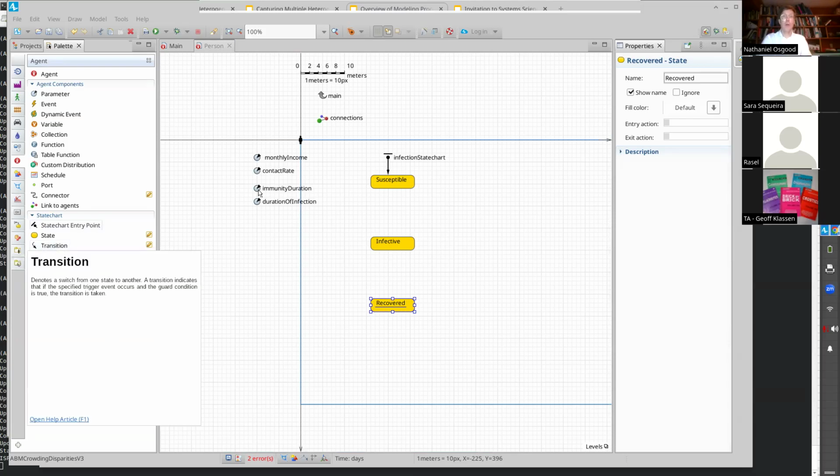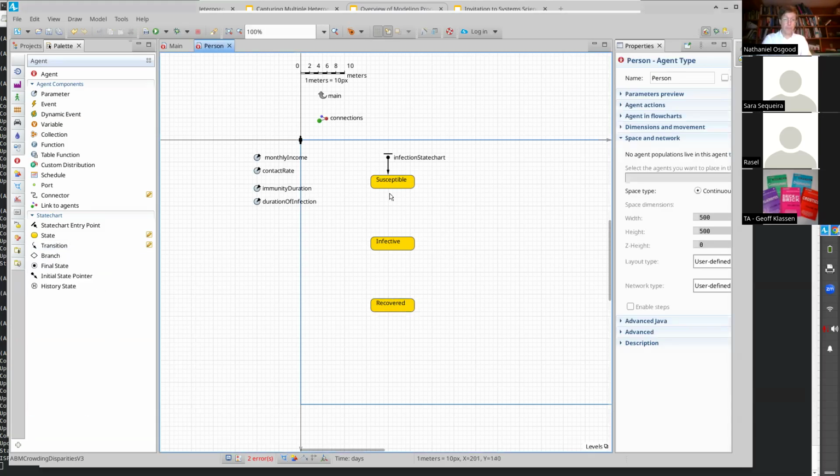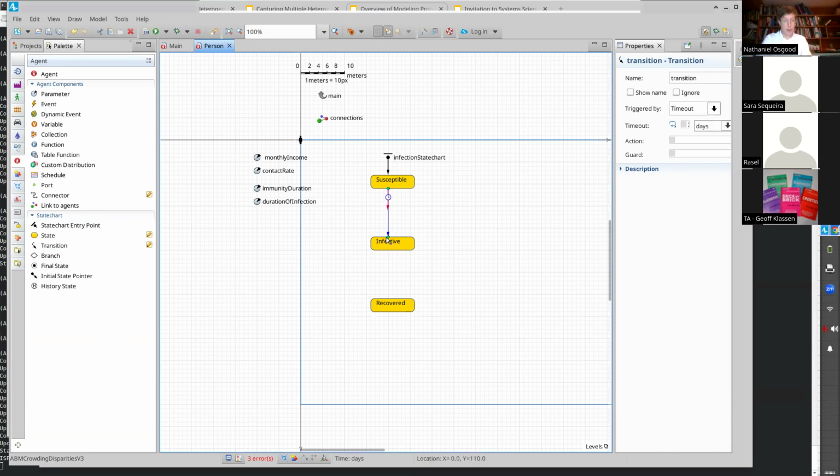Okay. So here we have a little state chart. We're going to put in a transmission connection. We're going to put in a recovery transition. And I think we'll make this point more demonstrative in a minute.